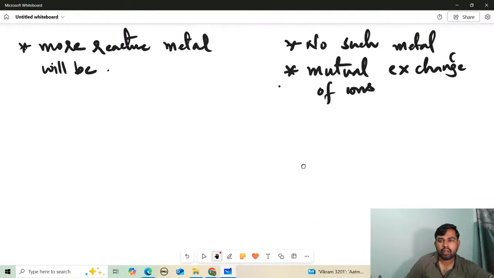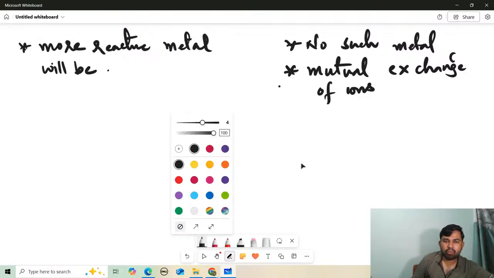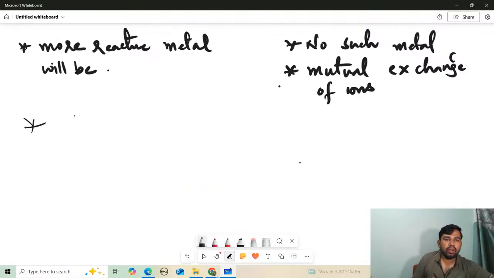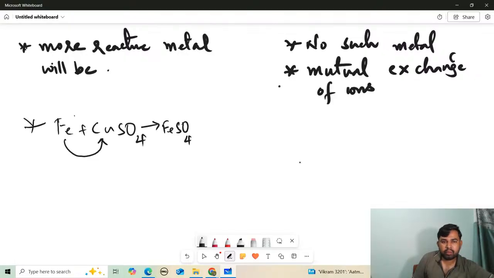You can see here what I'm saying. Suppose we are taking Fe plus CuSO4. Here Fe should be more reactive than copper, then only FeSO4 plus copper will form, right?